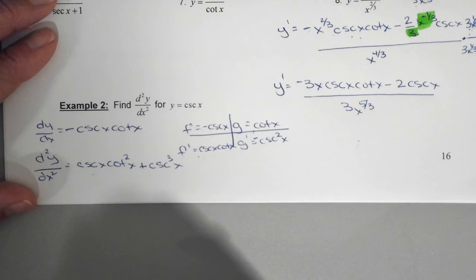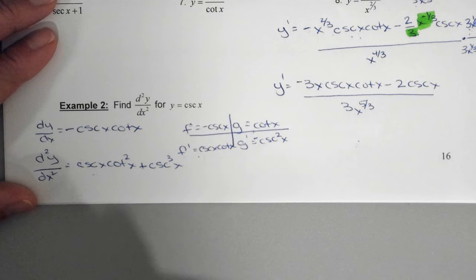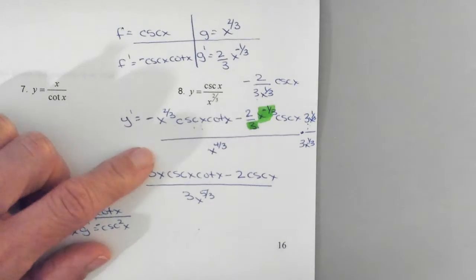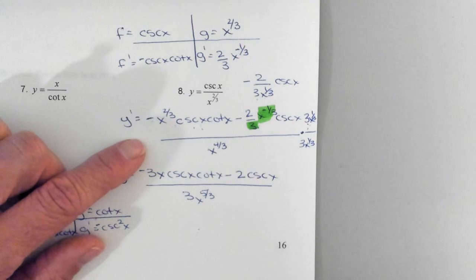Yes, sir? So we should get in the habit of simplifying the derivatives of trig functions more than we did last year because we were just finding slope. So it depends on what the question is asking, really, to be honest. I practiced simplifying this because some people still continue to struggle simplifying complex fractions.